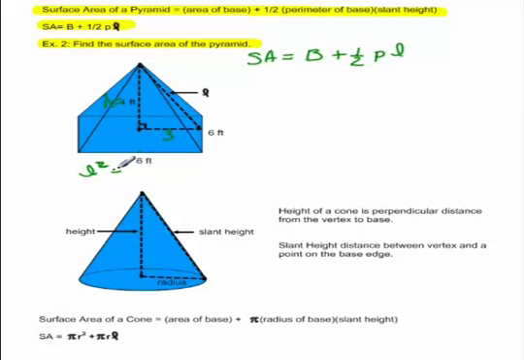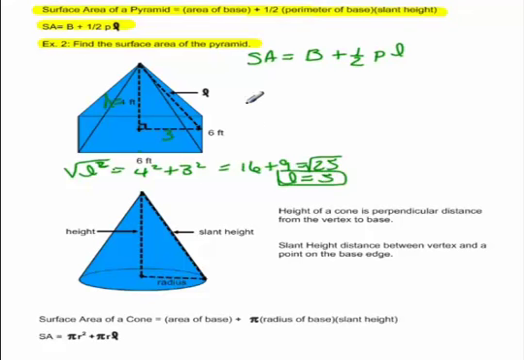Our slant height squared is equal to 4 squared plus 3 squared. So that's going to be 16 plus 9, which is 25. To find just our slant height, we need to square root that. So our slant height is equal to 5. We needed that to be able to work our problem.